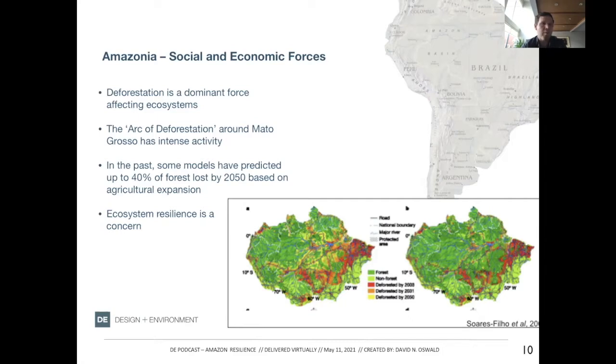But soy was one of those ones at one point in time. And you could see that the spike in soy consumption and demand, which largely came from China, was closely correlated to land use change in Amazonia.